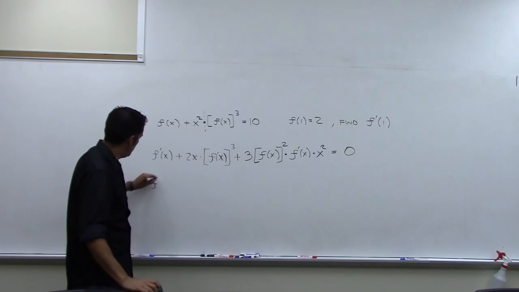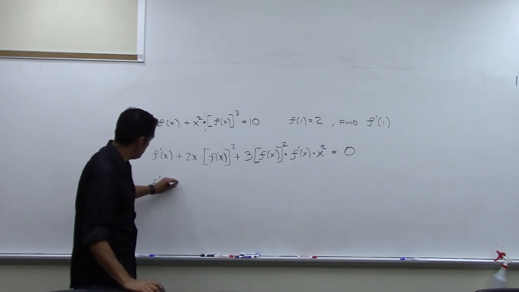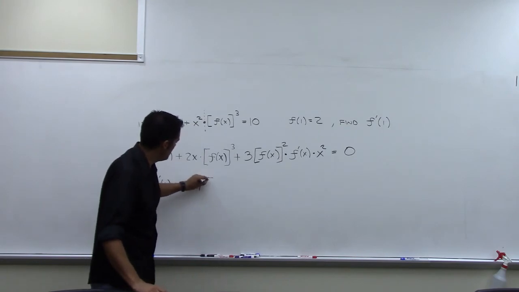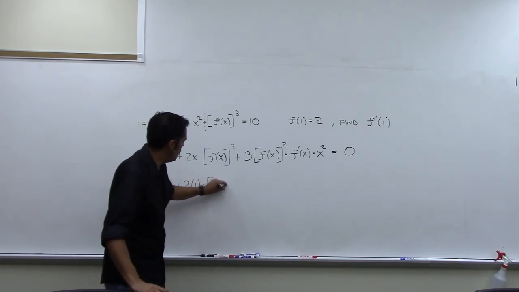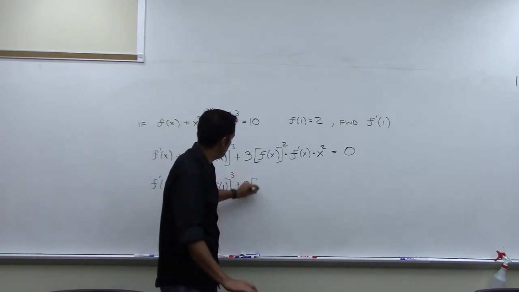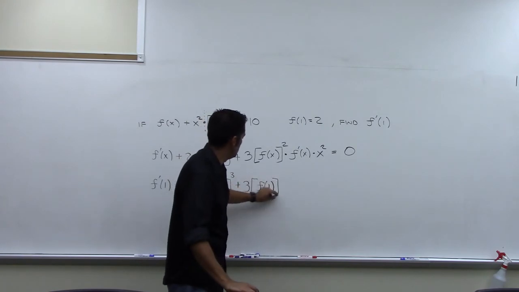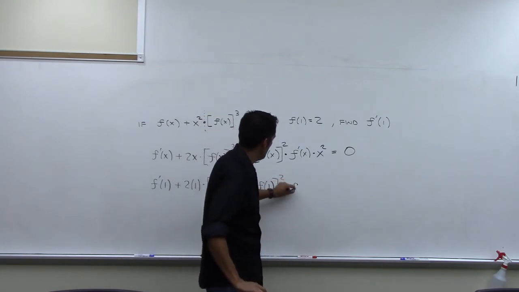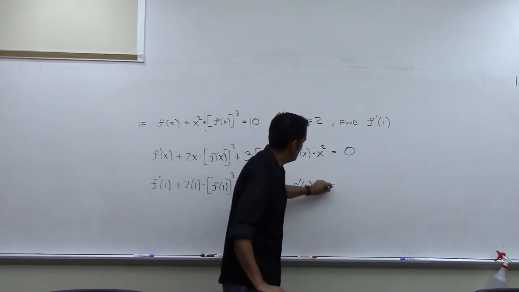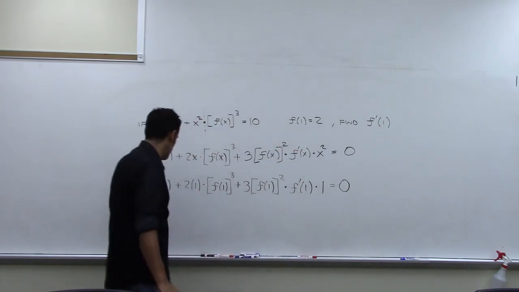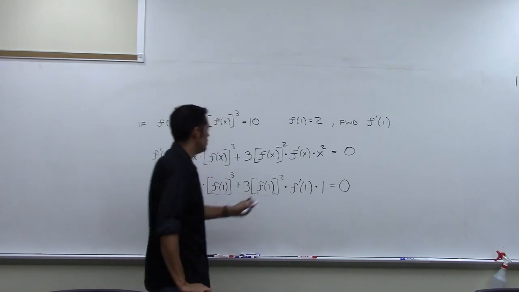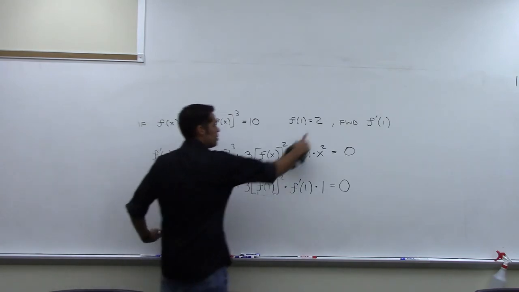So f prime of 1, plus 2 times x, but that's 1, times the function's value at 1 cubed, plus 3 times the function's value at 1 squared times f prime of 1 times 1 squared, which is 1, should be equal to 0. Now in the problem they tell us what f of 1 is. We know what those two values are, right? f of 1 is 2.